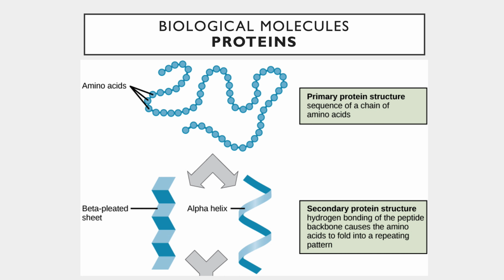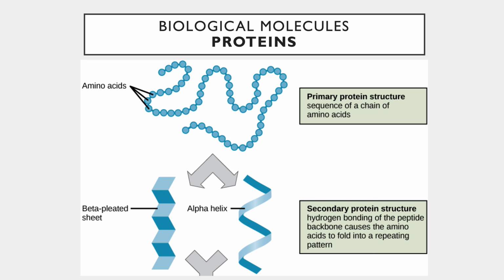So let's actually look at the primary structure. The primary structure is formed first by attaching amino acids one after another into a long chain, that you can see here.